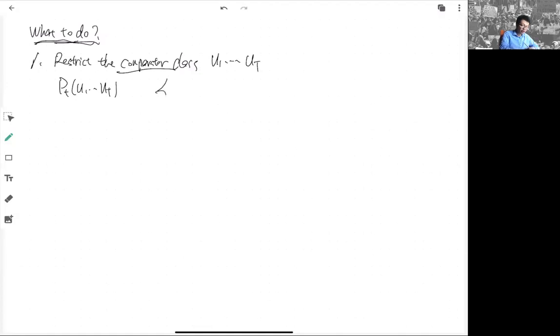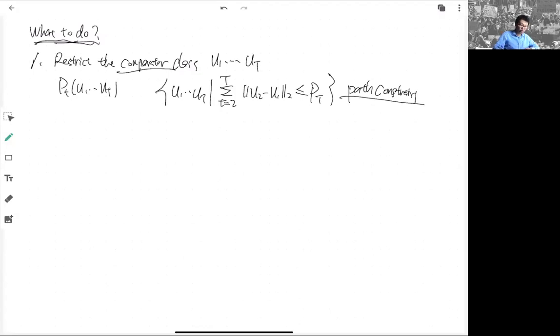So maybe we can consider the family of u1 to uT such that their cumulative changes measured in 2 norm is smaller than PT. This is what we call a path constraint. With this path constraint, maybe it's possible to come up with an interesting regret bound that depends on the path constraint.